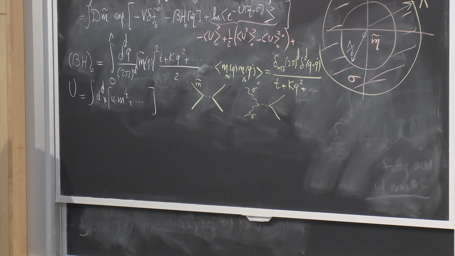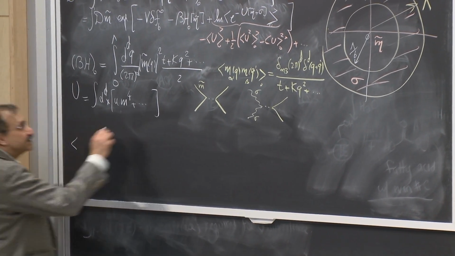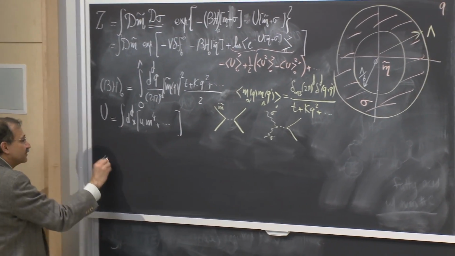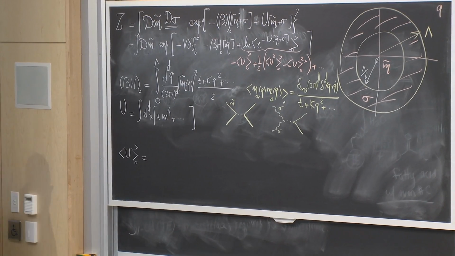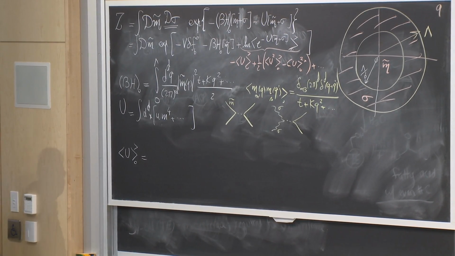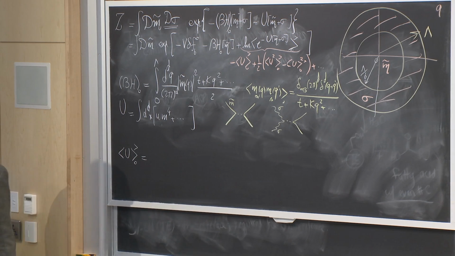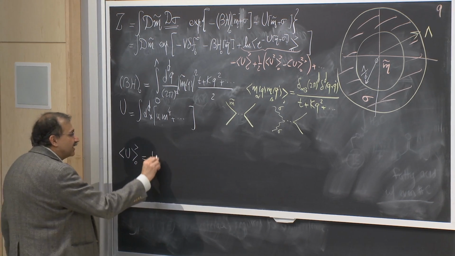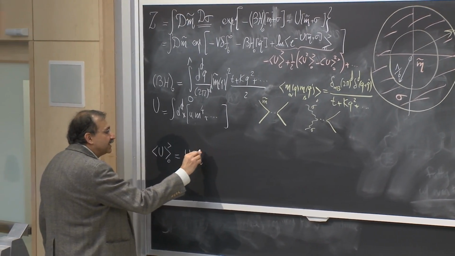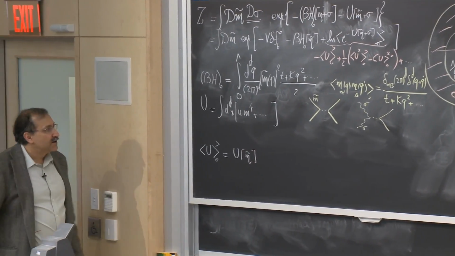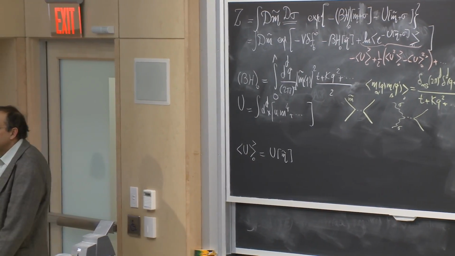And what was the answer that we got for the first term in the series? So if I take U0 average, the kind of diagrams that I can get is essentially keeping this entity as is. So essentially, I will get the original potential that I have. Rather than m to the fourth, I will simply have the equivalent m tilde to the fourth.